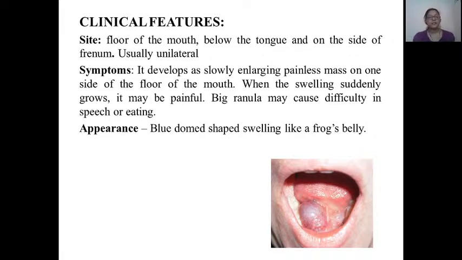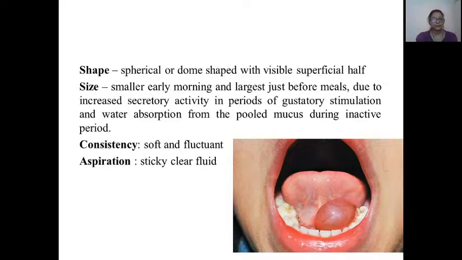Symptoms are: it develops as a slowly enlarging painless mass on one side of the floor of the mouth. When the swelling suddenly grows, it may be painful. A big ranula may cause difficulty in speech, eating or deglutition. Appearance: it is a blue dome shaped swelling like a frog's belly. The shape is spherical or dome shaped, which is visible superficially.